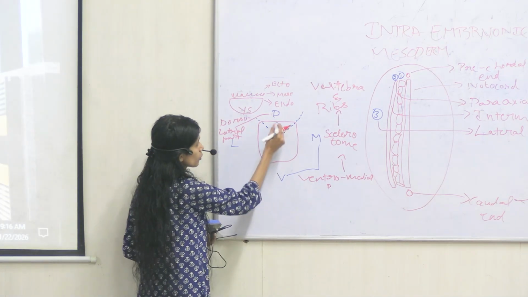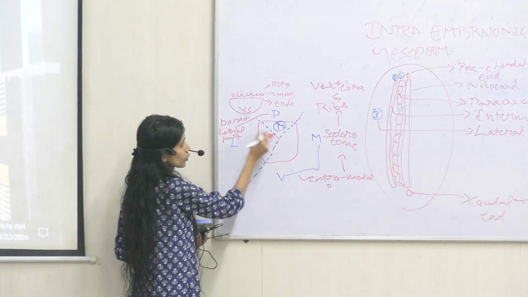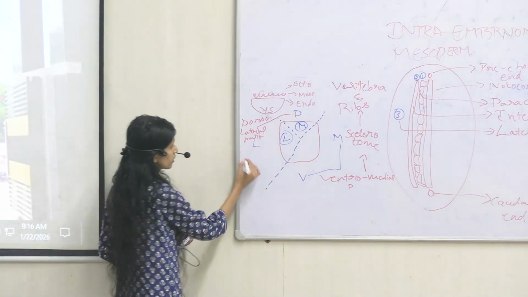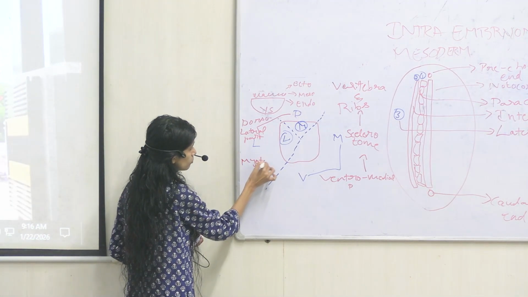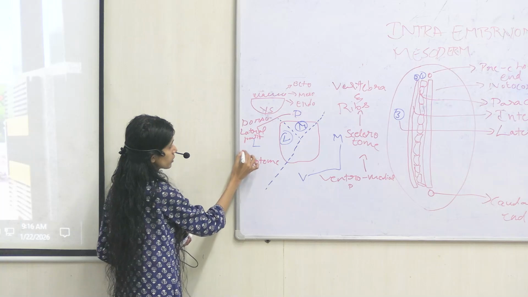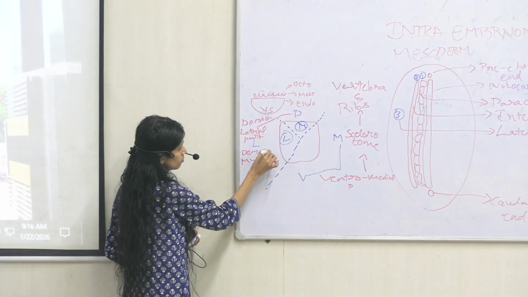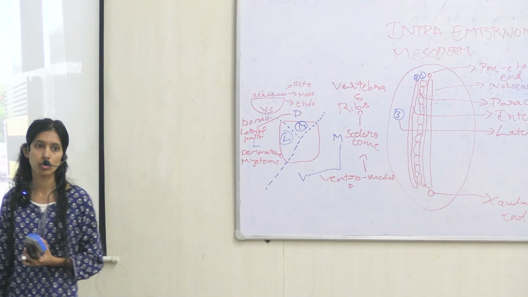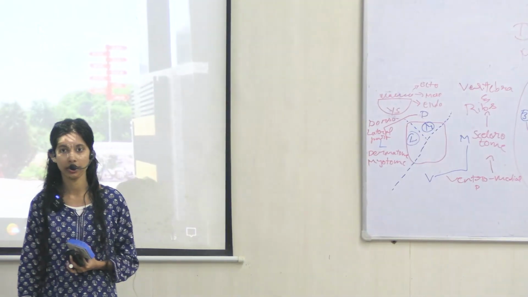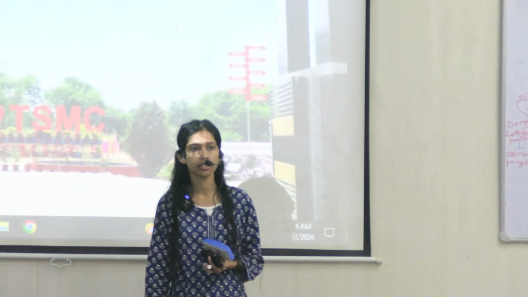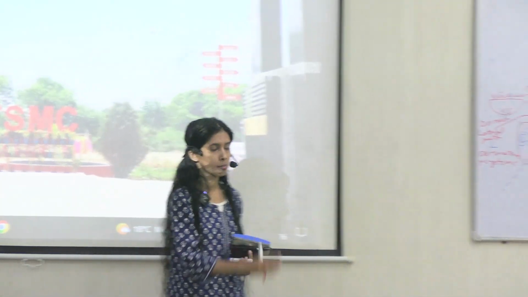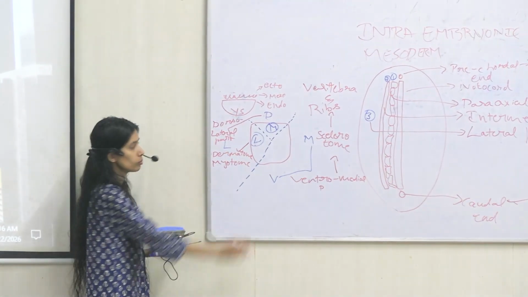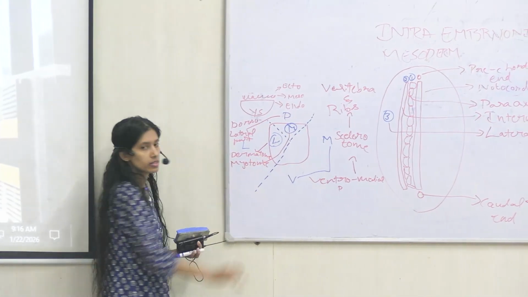This is the medial part and this is the lateral part. The medial part is called the myotome. The lateral part is called the dermatome. Together they are called the dermomyotome. Remember the term.